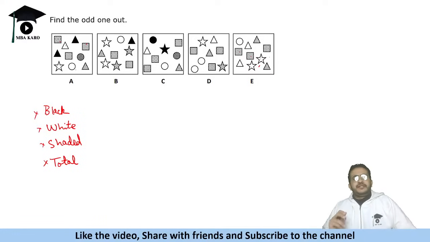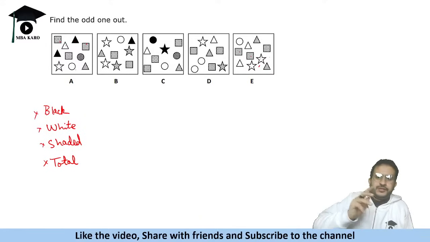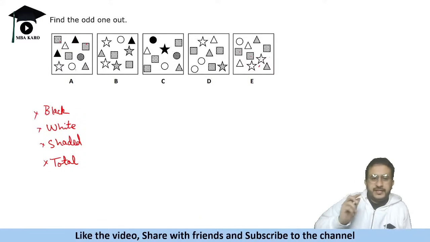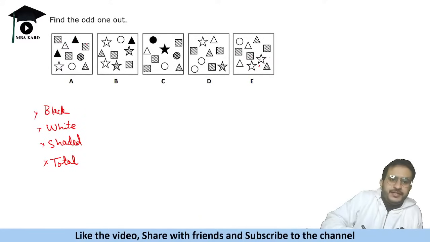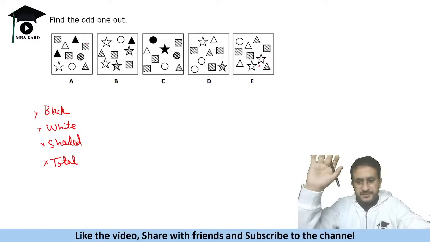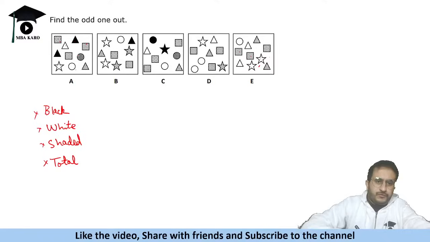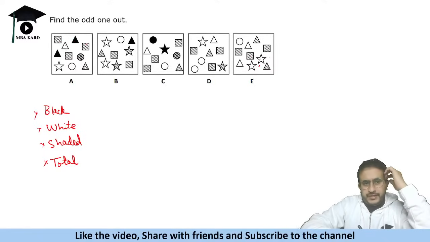Now, in this case, let us notice one thing. That is the answer also. See, not all have black images. Agree? Black is not in all of them. So let's not think of black images. Now let us see that among the shaded ones, three types are shaded.